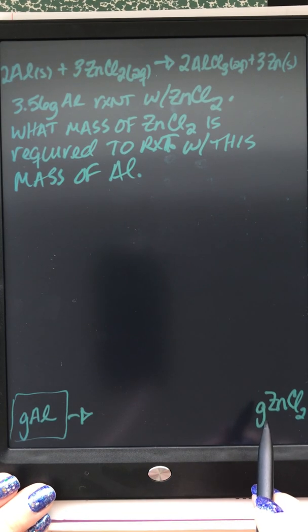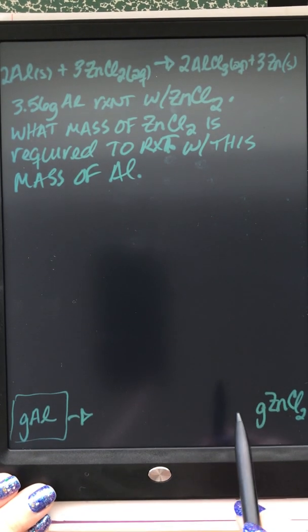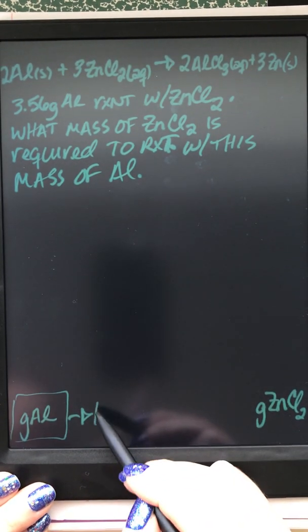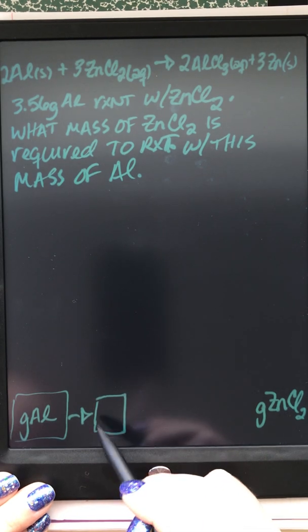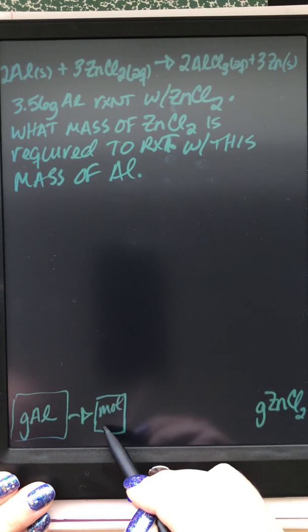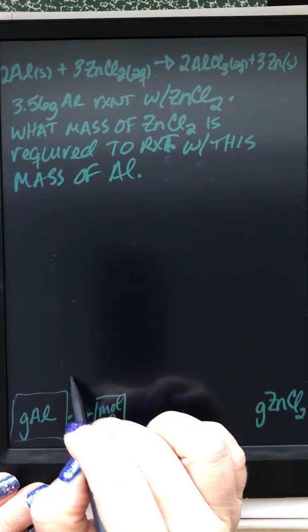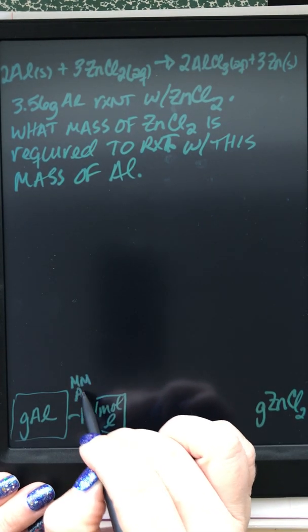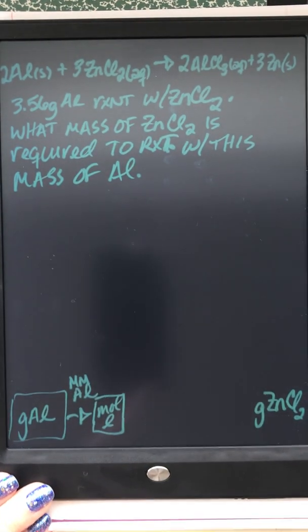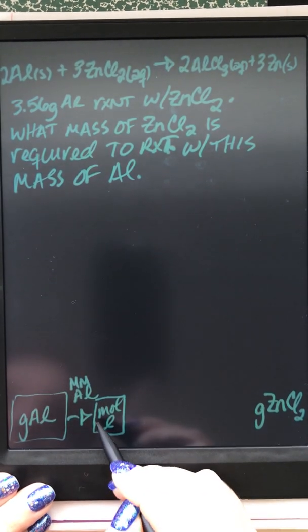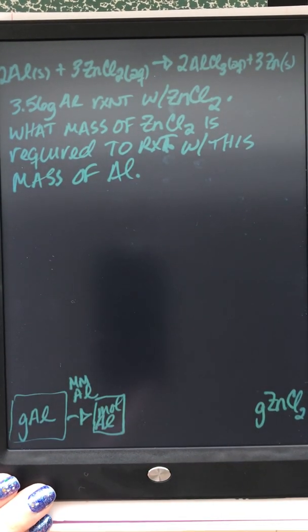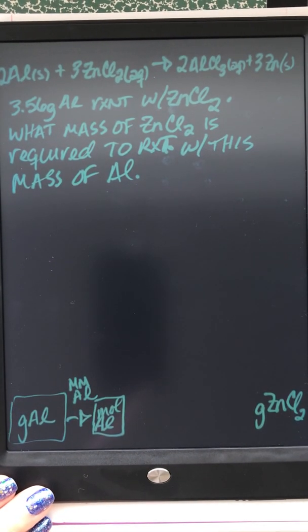The only thing that can talk to each other is moles and moles, okay? So we're thinking I need to get to moles of aluminum, and for that I need the molar mass of aluminum, right? Sorry, guys. Does that make sense? Yes.